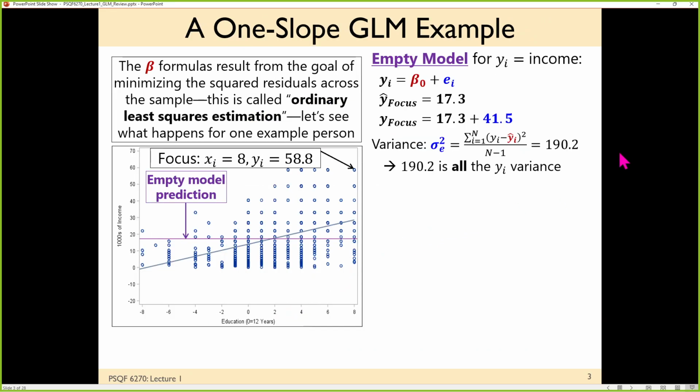So, more concretely, a one-slope example. Let's say that I'm predicting income in thousands of dollars, and I'm doing it with education. So education is on the x-axis here, and income is on the y-axis. The simplest possible regression model that you would ever have is called an empty model. Empty means no predictors.